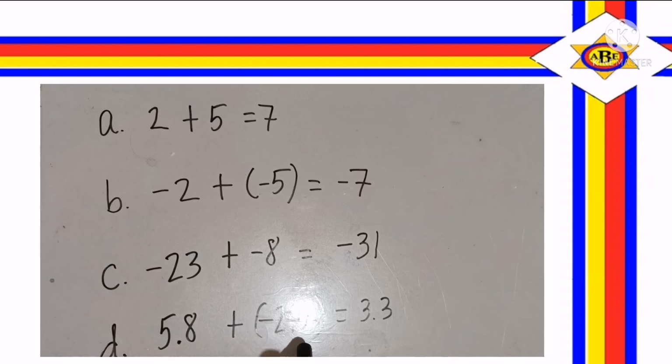So, they have different signs. That's why we subtract it. Then the answer is 3.3. As you can see, it is not negative because the bigger value here is 5.8. So, we copy the sign of the bigger value. That's why this is 3.3.